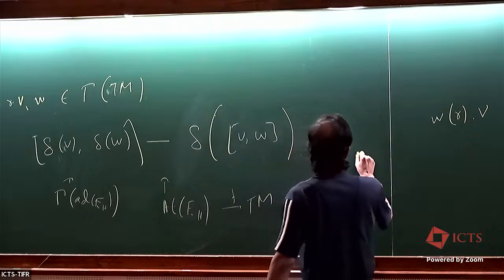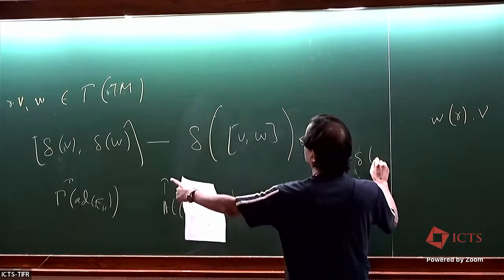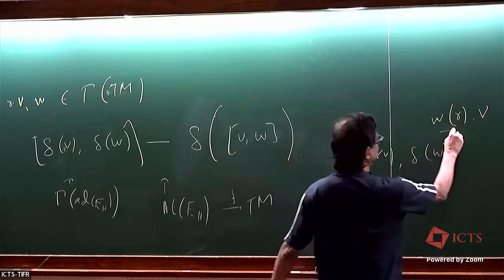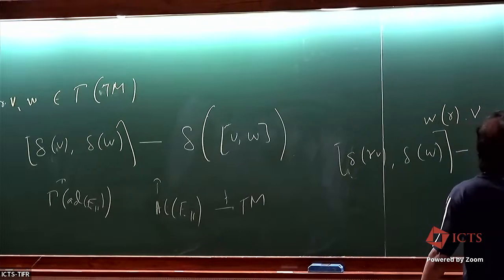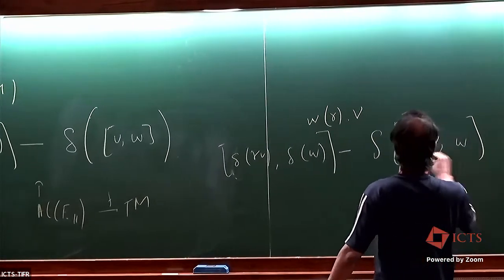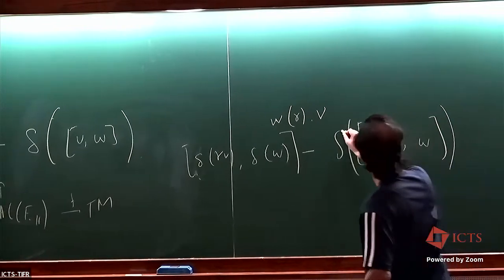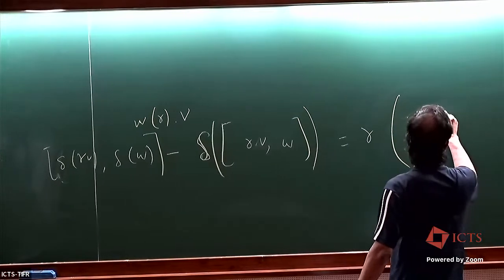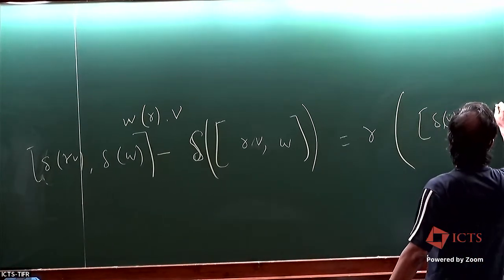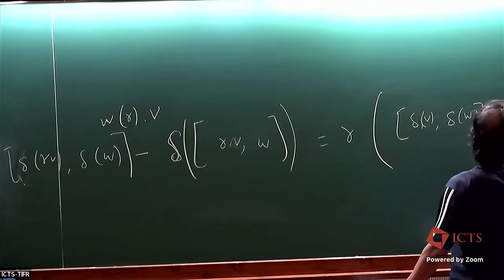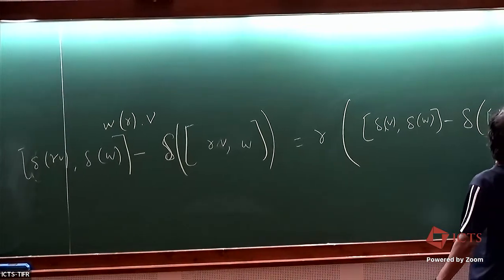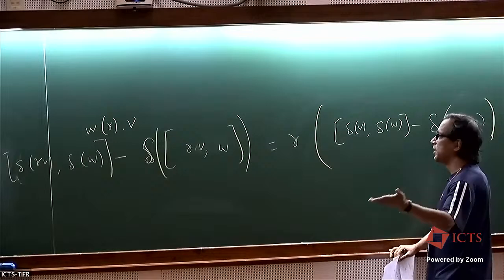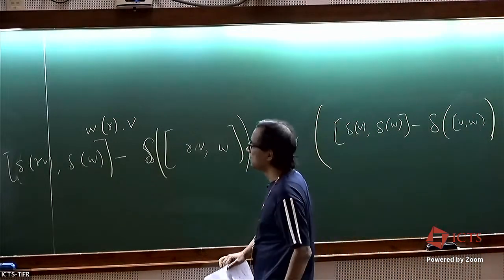The final outcome becomes delta of gamma V, delta of W bracket, minus delta of the bracket of gamma V comma W, which is simply gamma times delta V, delta W bracket minus delta of V comma W. When you take the Lie bracket, let me repeat it again, and multiply with a vector field, the function doesn't come out.